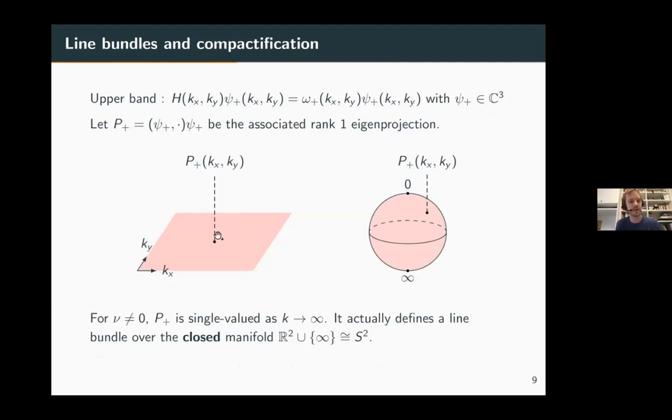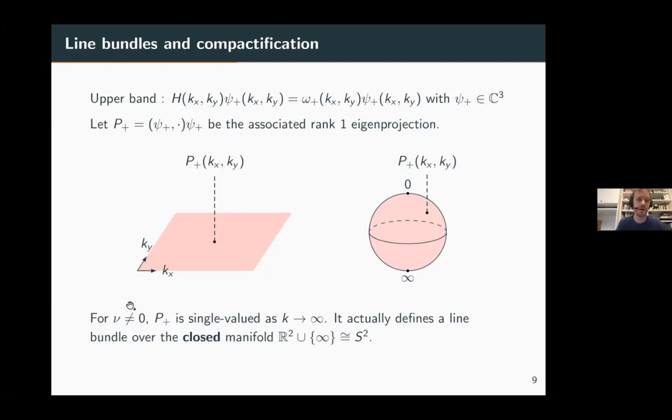This defines a line bundle, namely over each point kx, ky, you have a one-dimensional vector space, and the question is: is this line bundle trivial or not? Namely, can you deform it to the trivial one or not? And over the whole 2D plane the answer is always yes, because this 2D plane is contractible, so the bundle is always trivial.